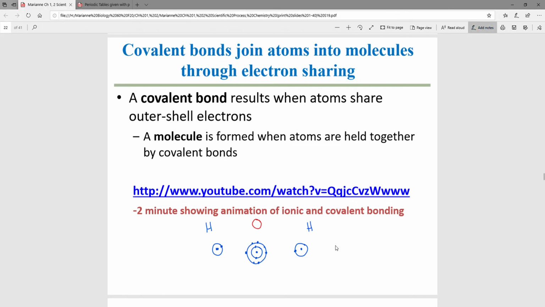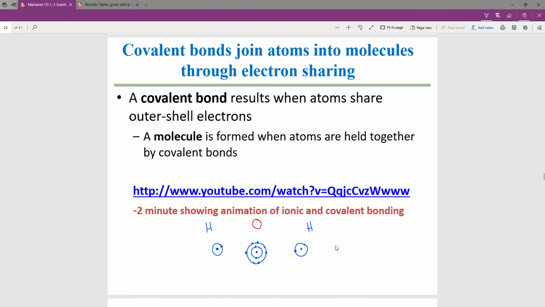And so in this, if I switch colors again, these 2 electrons get shared, and these 2 electrons get shared. And so anything that's held together through covalent bonds is technically a molecule. Not a compound, but that doesn't really matter too much. This idea that electrons are being shared is what makes it a covalent bond.